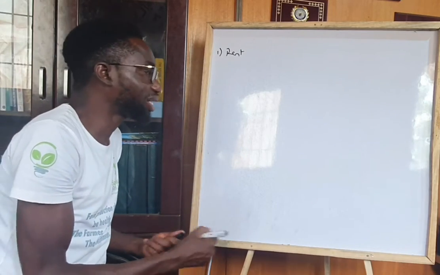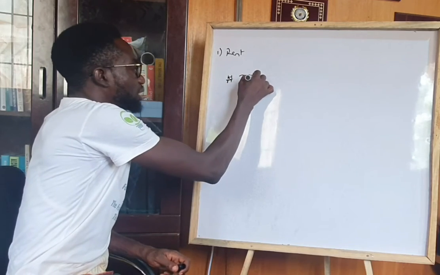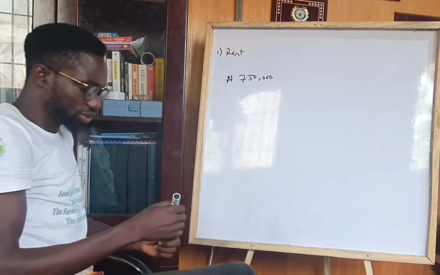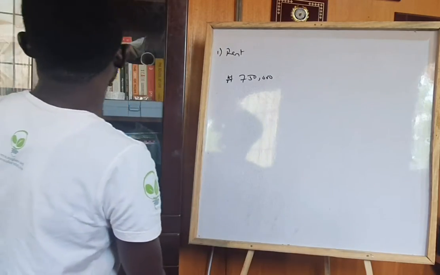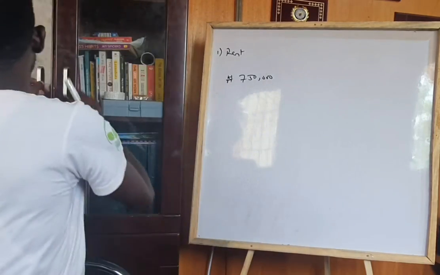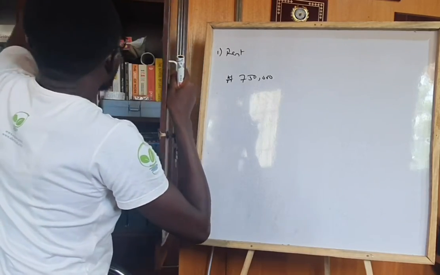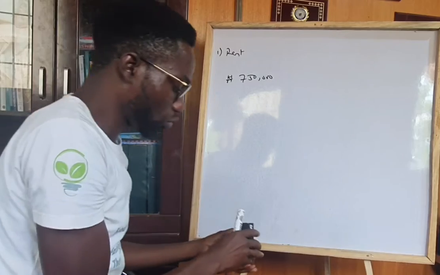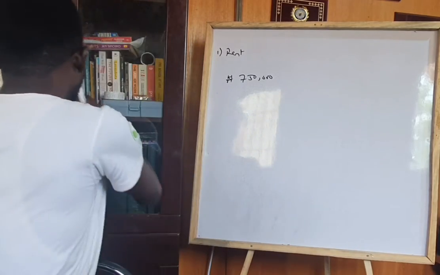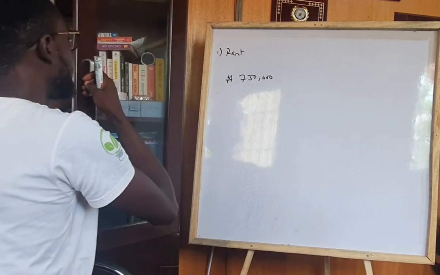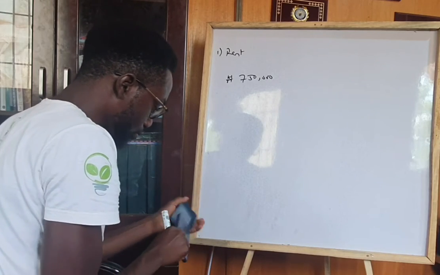Now using us as an example, we have set our rent at 750,000 per month. If we do this in the year, I think that should be about 8 or 9 million if I'm not wrong.